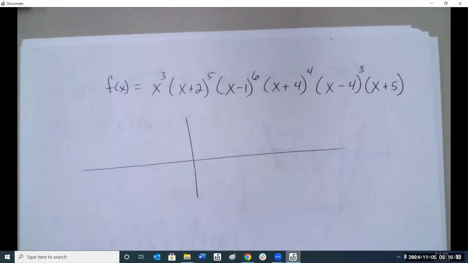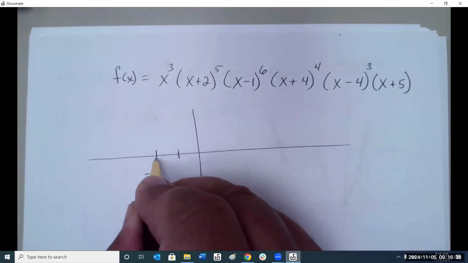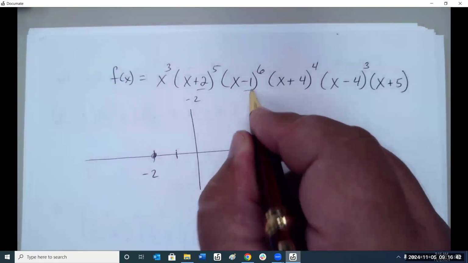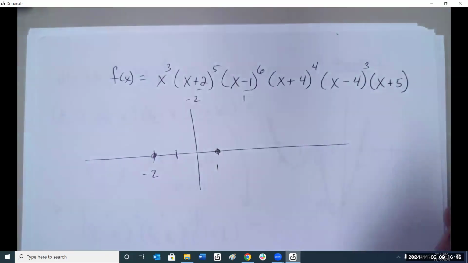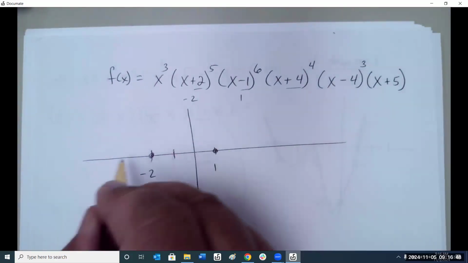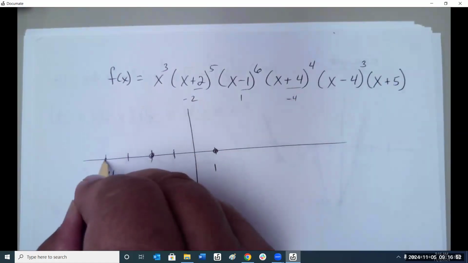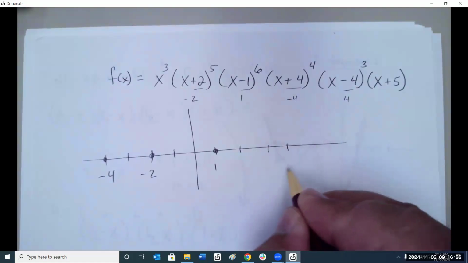Yeah, they're already factored. So what are my x-intercepts? At -2, that's that one. This one is 1. -4. +4.